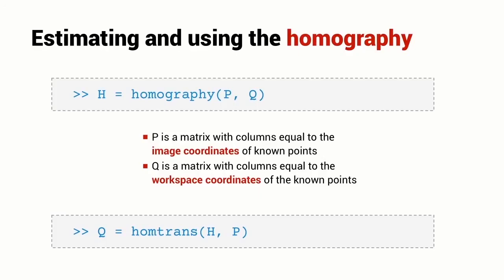Q might be coordinates of points on the robot's physical worksheet. Alternatively, P could be a set of image coordinates in one image, and Q could be a set of image coordinates in another image. Given that I have the 3x3 homography matrix H, I can then map a set of points P in the first plane to a set of points Q in the second plane.